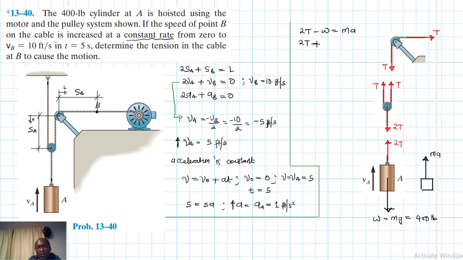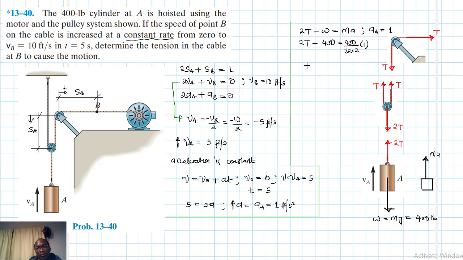So 2T minus W, which is just 400 pounds, is equal to m, and m is just 400 divided by 32.2, weight divided by g. Is that fine? Great. Then times the acceleration, which we found equal to 1. We said our acceleration a is just equal to 1. Remember this one here.